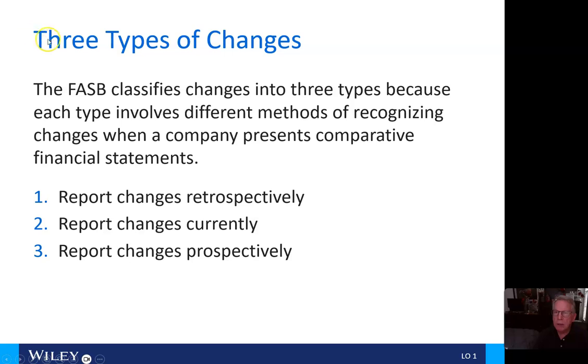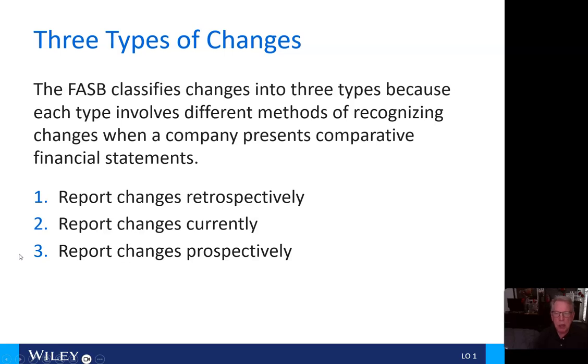All right, let's take a look at the 3 types of changes. The FASB classifies changes into 3 types because each type involves different methods of recognizing changes when a company presents comparative financial statements. 1. Report the changes retrospectively. Number 2. Report the changes currently. And 3.